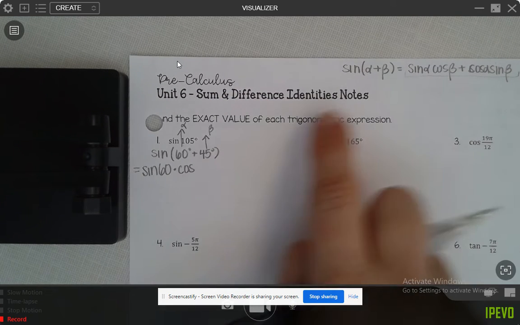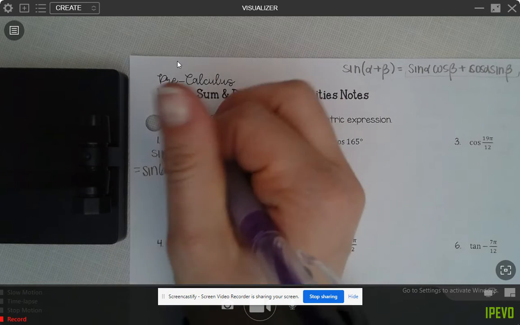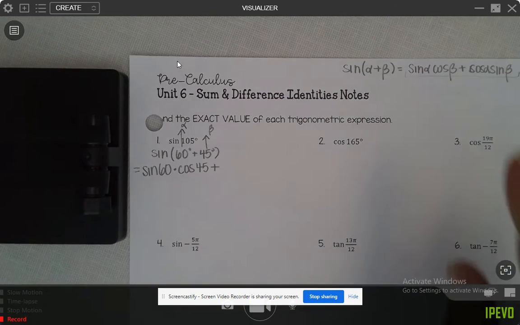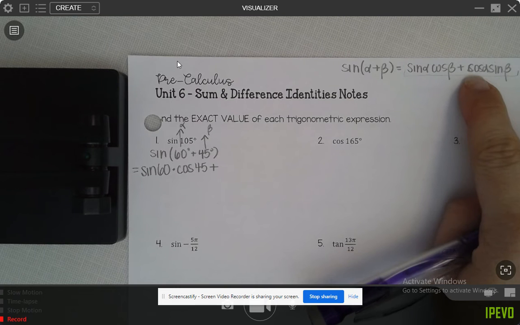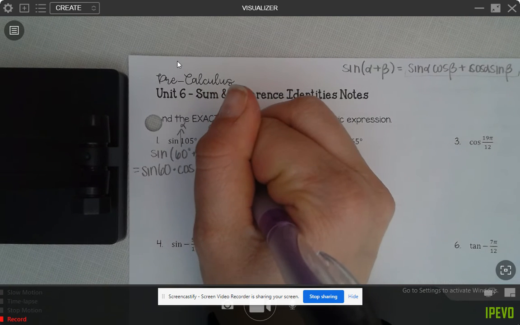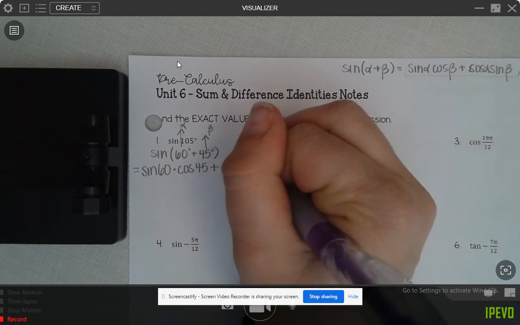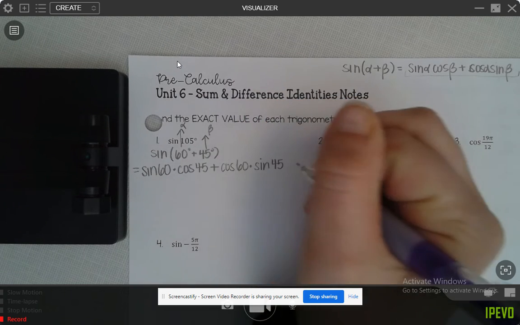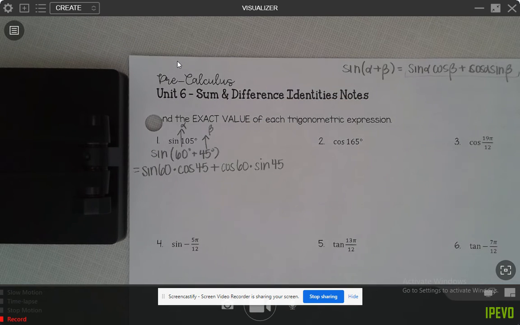Beta is 45. Plus the cosine of alpha. So I'm going to write the cosine of 60 times the sine of beta, which is 45. Is everybody okay with me there?